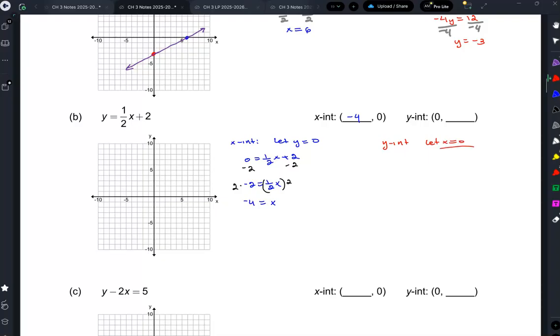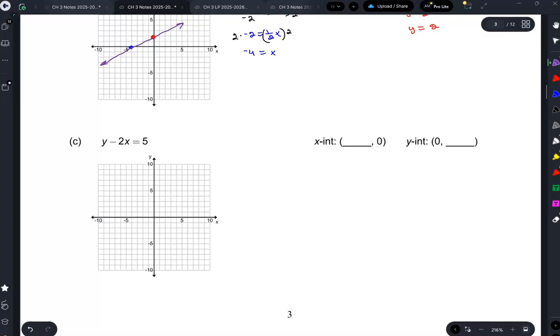Here we go. This is this one. So now y equals half times 0 plus 2. Y equals 2, so that's 0, 2. That goes here. X-intercept is at negative 4. Use a ruler. Make sure you go through the points.